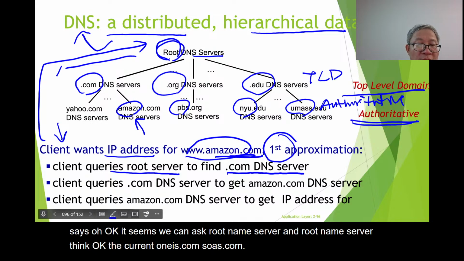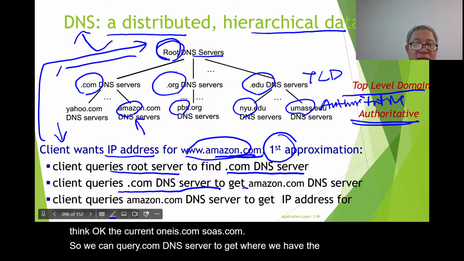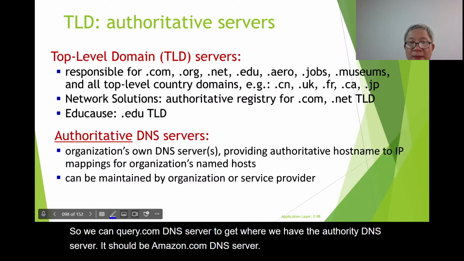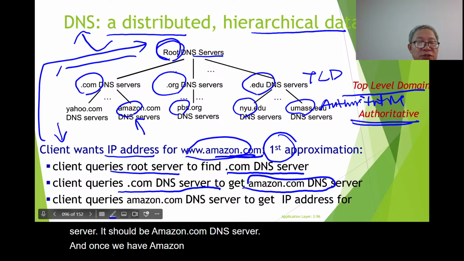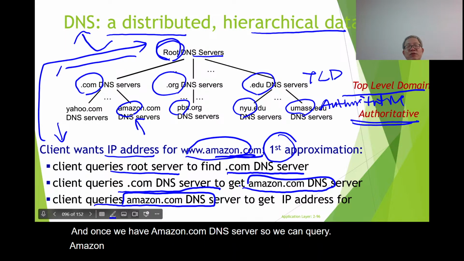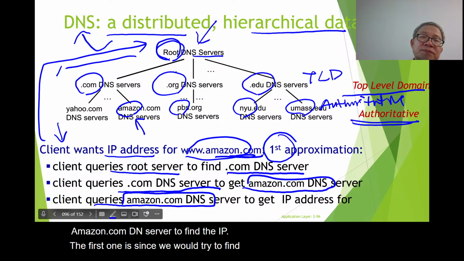So we can query the .com DNS server to find the authoritative DNS server, which should be the Amazon.com DNS server. And once we have the Amazon.com DNS server, we can query it to find the IP.